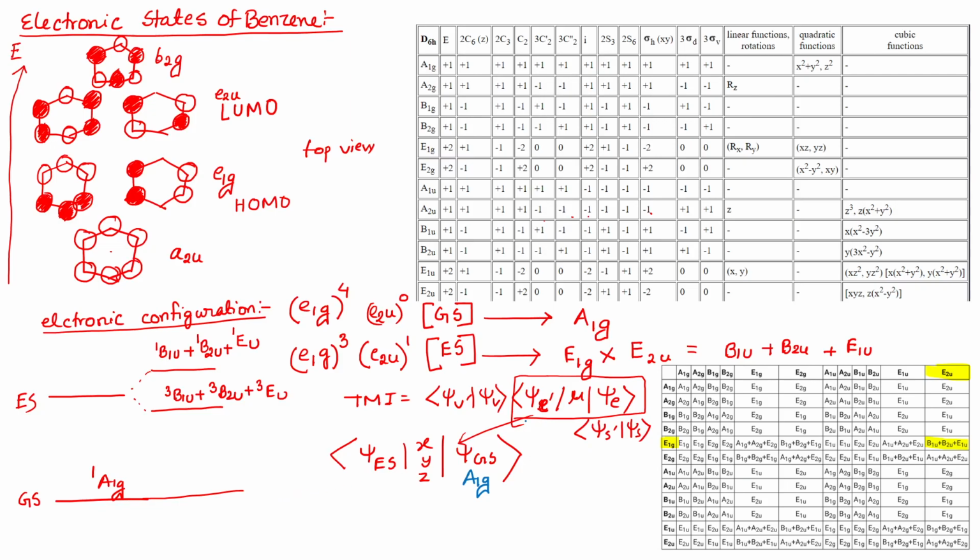And one more thing: your X, Y together transform into E1U, and Z, from the character table we have this idea, transforms into E2U. Okay, so these are spin forbidden.